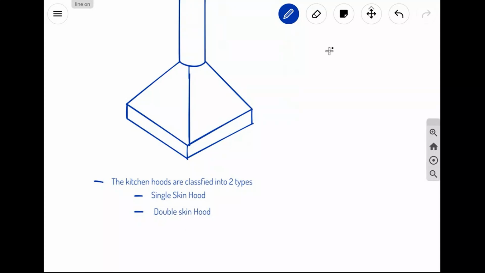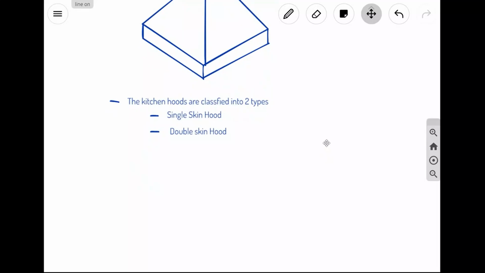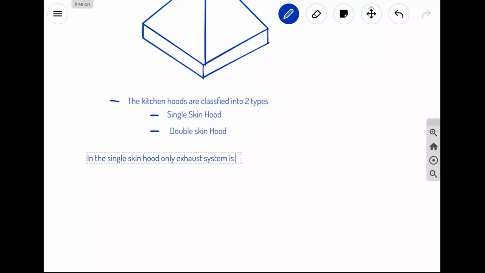In the single skin hood, only exhaust system is provided.